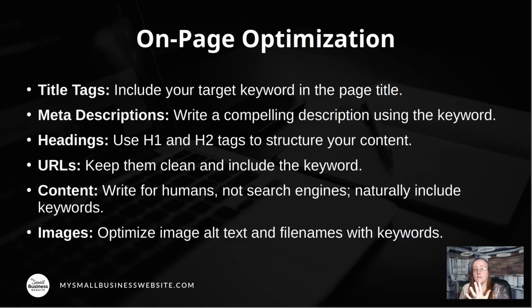So there are title tags that are hidden in the page. Not just the text that you see, it's also in the code behind the scenes. The page title, which also often appears in the web browser tab, is something that the search engines will look at.